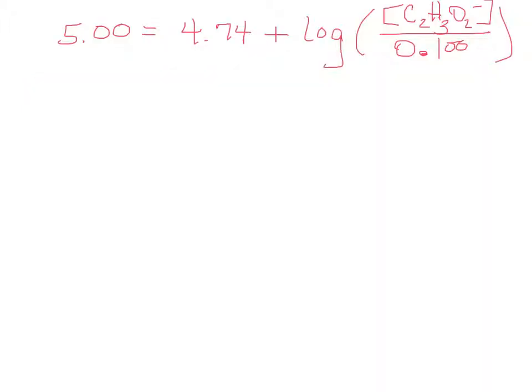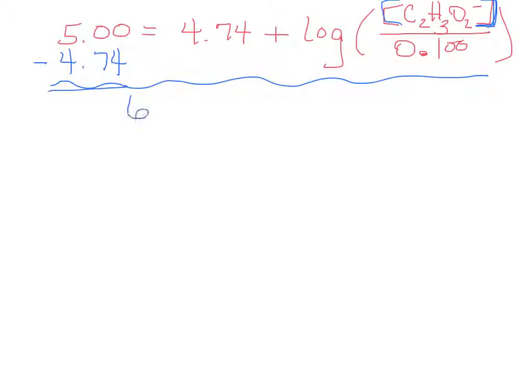All right, so this is what we have so far, and we are trying to solve for the moles or concentration of the acetate ion, which is the conjugate base. So what are we going to do first? Just math at this point. Subtract 4.74 from both sides.